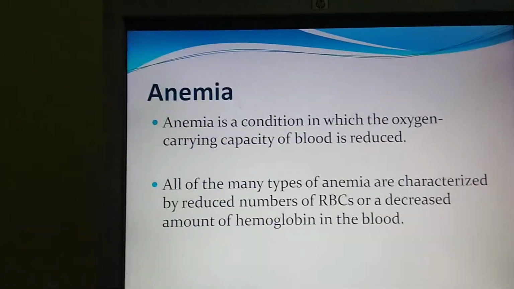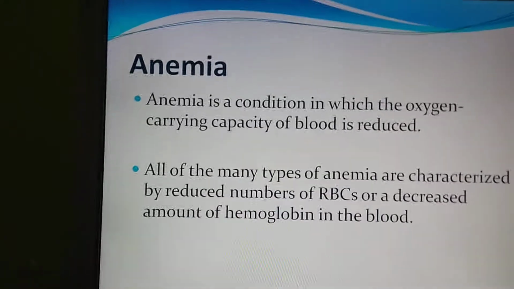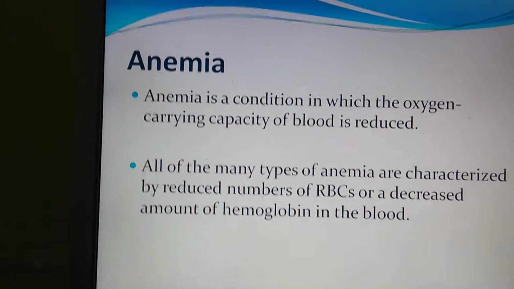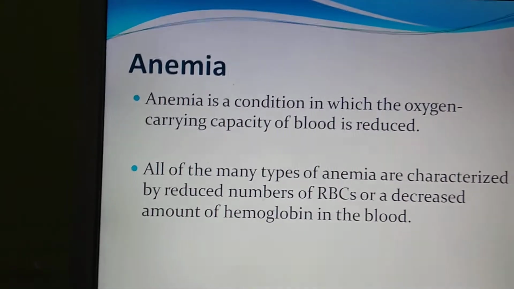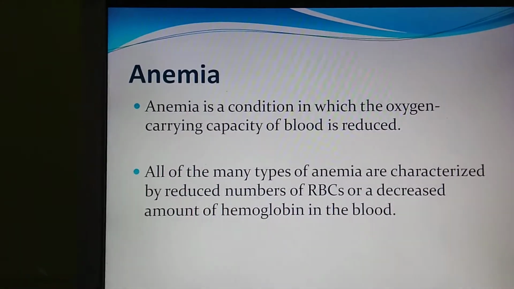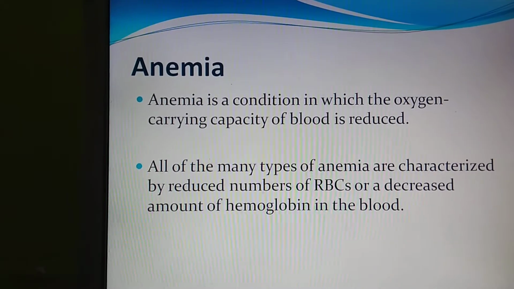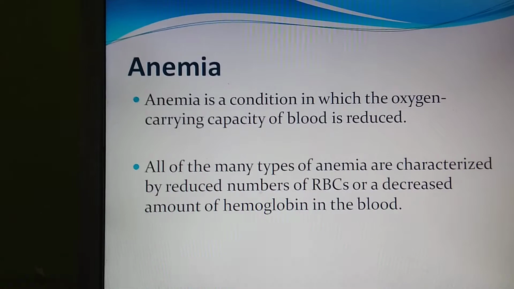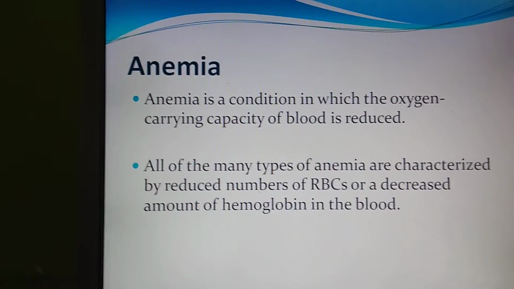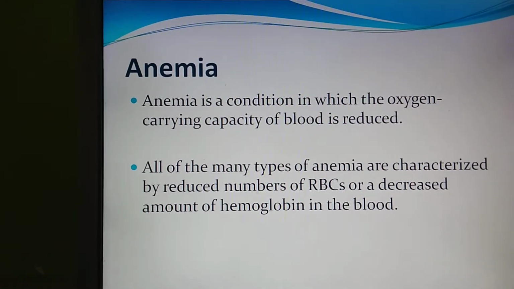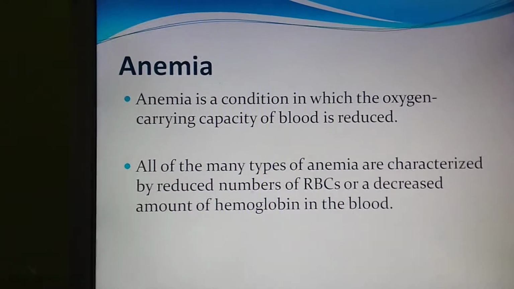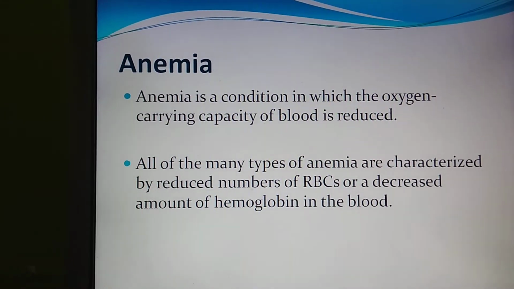After this cellular respiration or cellular metabolism, energy is produced inside the cell in the form of ATP and we are able to work. So when the RBC count decreases and the hemoglobin count decreases, the patient suffers from anemia. Let us see what anemia is. Anemia is a condition in which the oxygen carrying capacity of the blood is reduced.